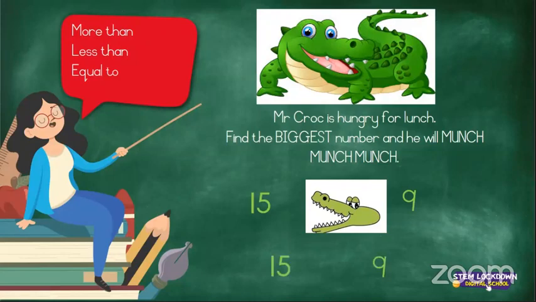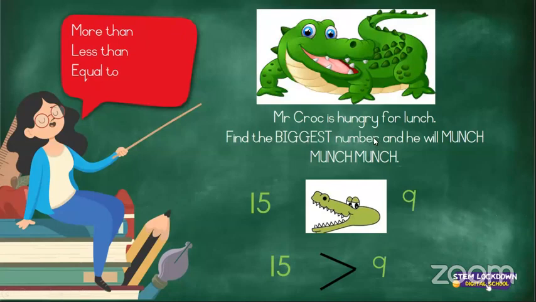So let's have a look how we will draw that in mathematics. Can you all see the sign at the bottom in black? Can you all see this sign? This is how you will draw it. Okay, so it looks similar to Mr. Croc's mouth. Can you see it's nice and wide? It's open nice and wide. And it's ready to munch number 15.